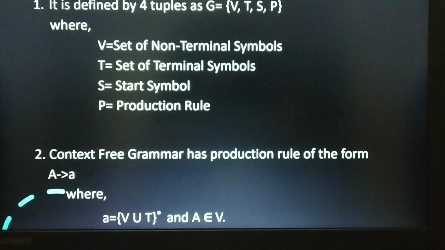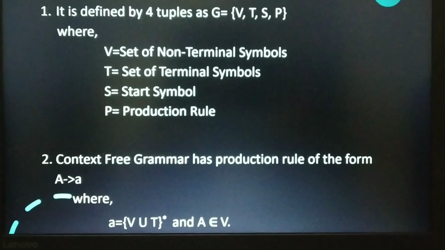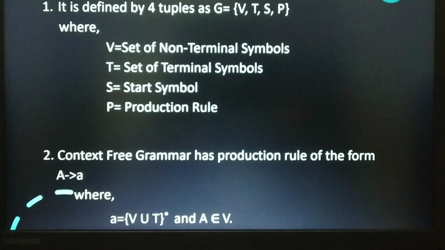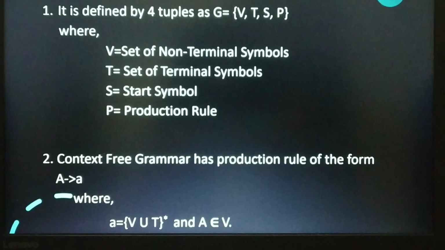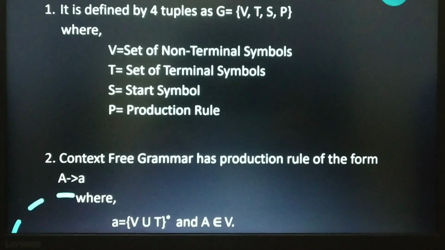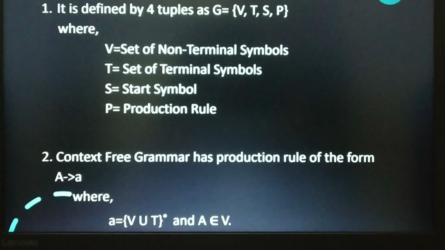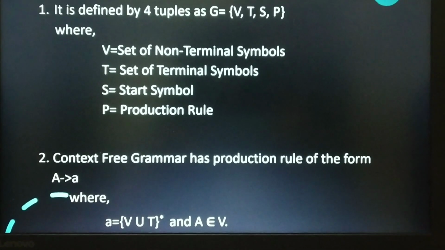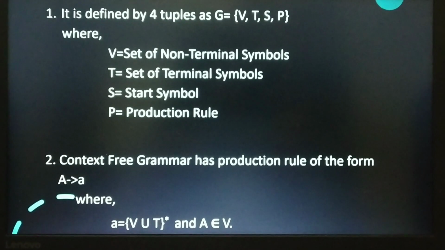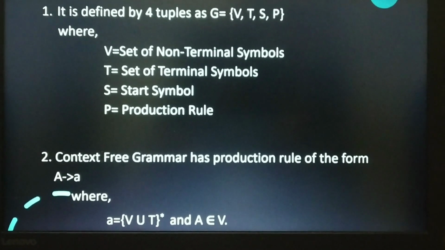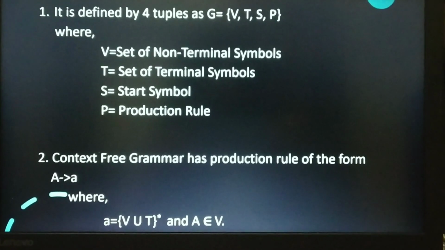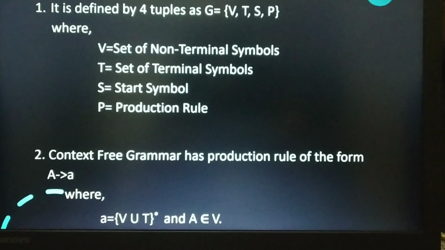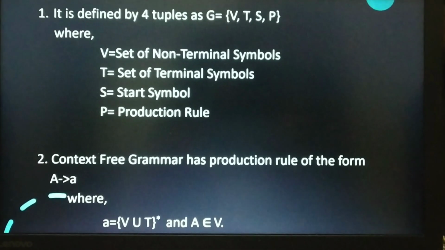The set of non-terminal symbols is represented by using capital letters, whereas the set of terminal symbols is represented by using small letters. The production rule defined for the context-free grammar is of the form capital A implies small a, where capital A belongs to the set of non-terminal symbols and small a belongs to (V union T) raised to the power star.